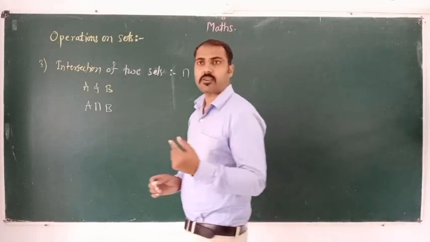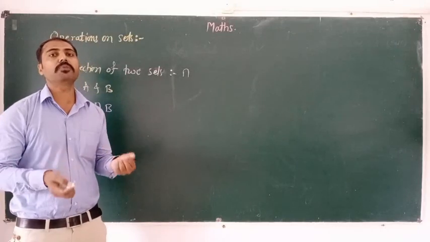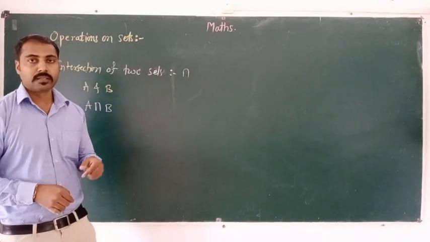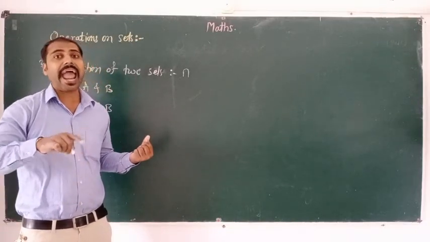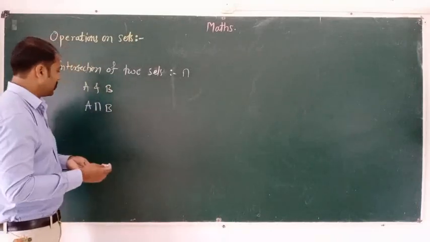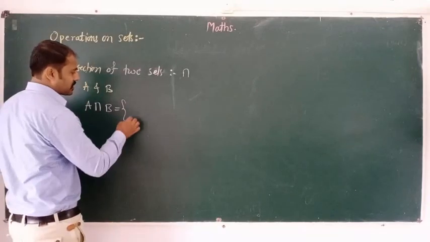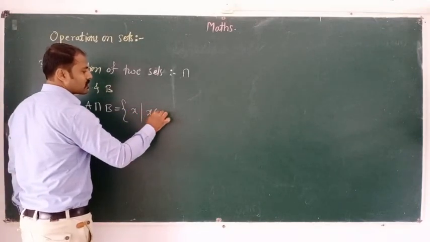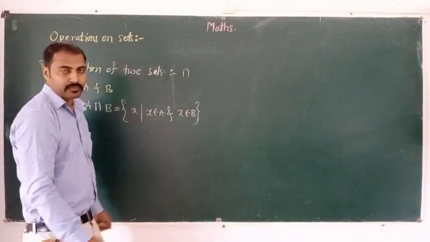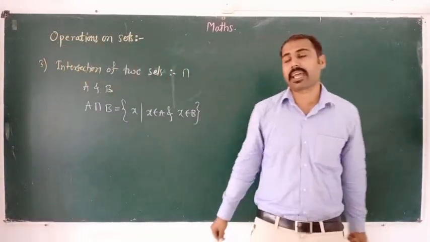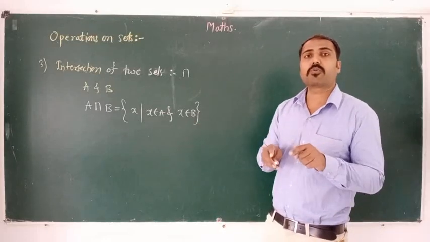It is the set of elements which are in both, or which are common to both A and B. I am defining this as A intersection B is the set of all x such that x belongs to A and x belongs to B, meaning both conditions must hold, common to both A and B. This set contains elements common to both A and B.